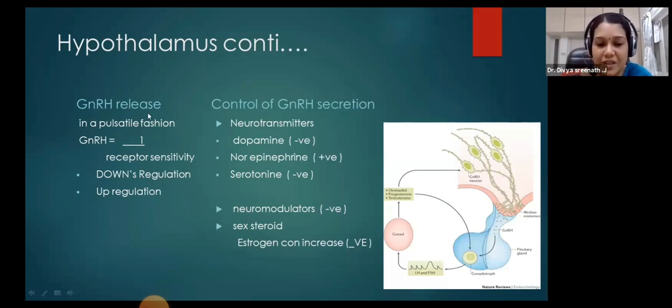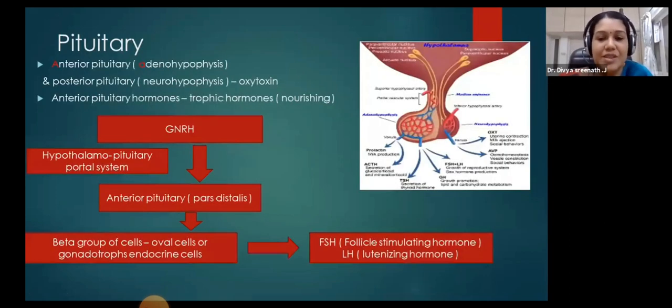Also, the estrogen which is secreted from the ovary, if secreted in a much higher quantity, may exert a negative effect on GnRH, saying stop. So it also causes a negative effect, stopping the release of GnRH.